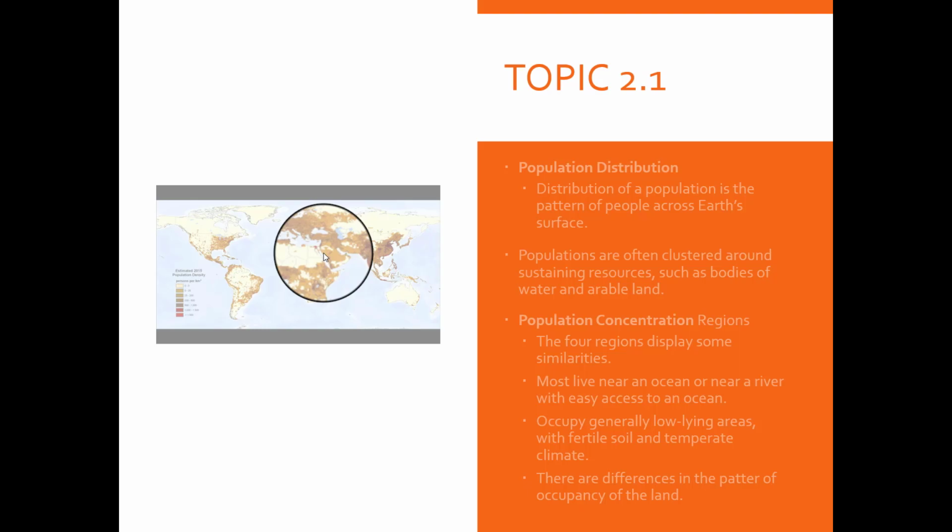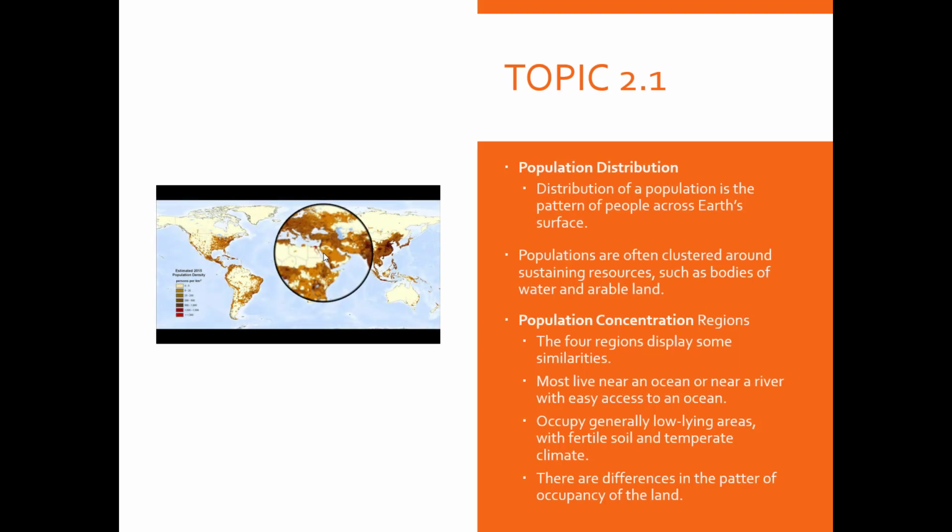All right. So population distribution is the pattern of people across the earth. Basically we're looking at the pattern of how many people are living in certain places on the earth.